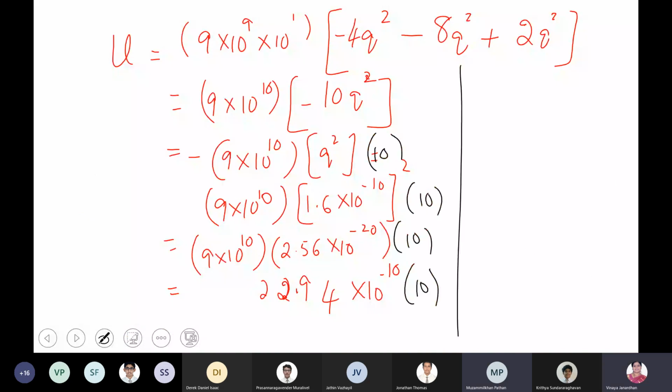So that will be 2.294 × 10 to the power of minus 10. Ma'am, your multiplication is wrong. Wait, one second. This becomes minus 2.94 × 10 to the power of minus 9, correct? Or I can write 2.294. What am I doing?